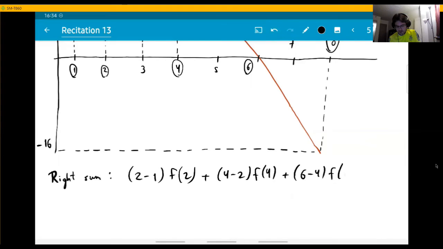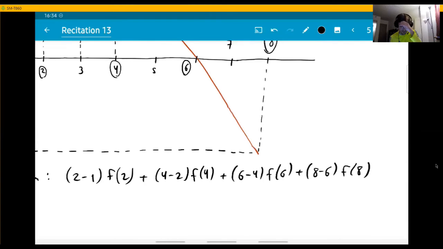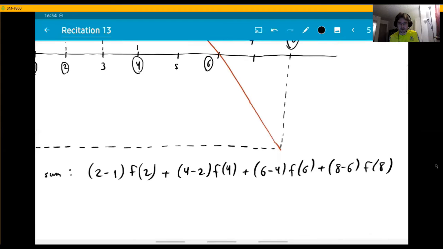And I hope you can agree with this. Remember the partition was 1, 2, 4, 6, 8. So as you can see, 4 pieces being summed. These are 4 areas of rectangles. And now you just calculate this, like 2 minus 1 is 1. What is f of 2?